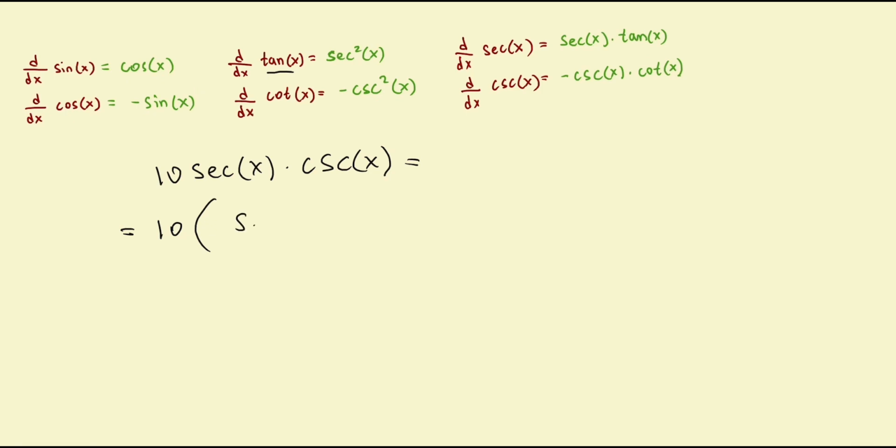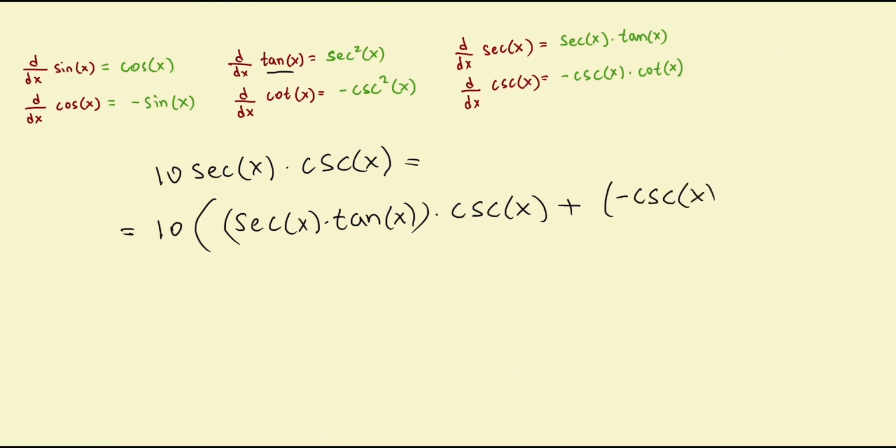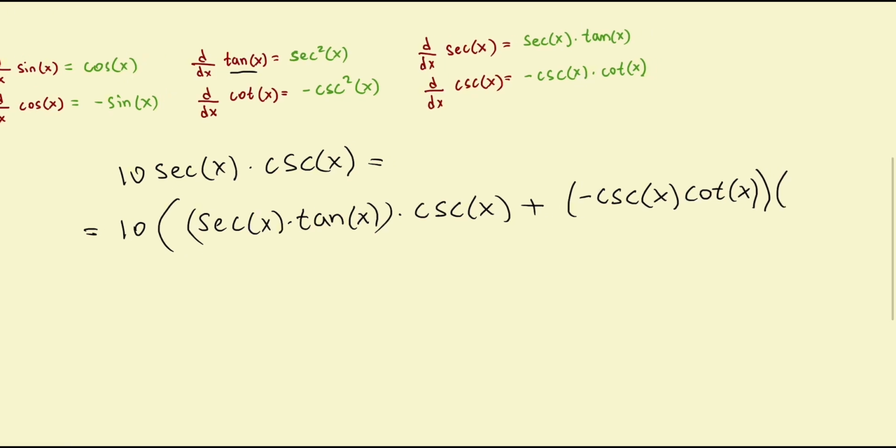That would be secant x times tangent x, times, using the product rule, the second function, which is cosecant x, plus derivative of the second function, which would be negative cosecant x times cotangent x, times the first function, which is secant x.